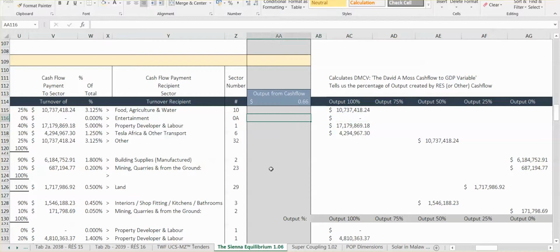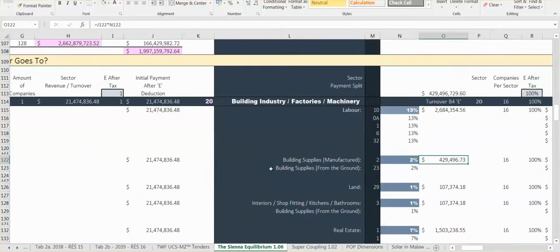What else have we got? Entertainment. What have we got here? Property developer and land. That is buying the end house. So that is all output. Tesla buying cars. That is all output. Other, well, we don't know about that, so I put it as 50-50. If we go down, however, and just look at the next column, which is, what is it?